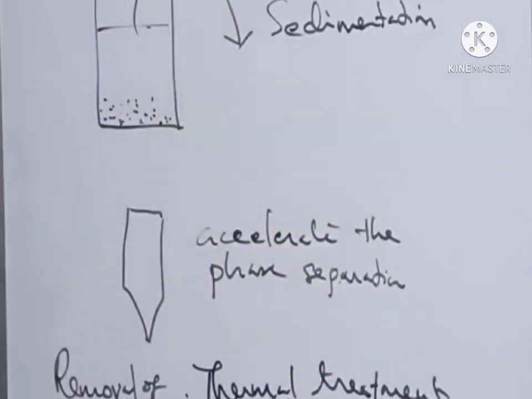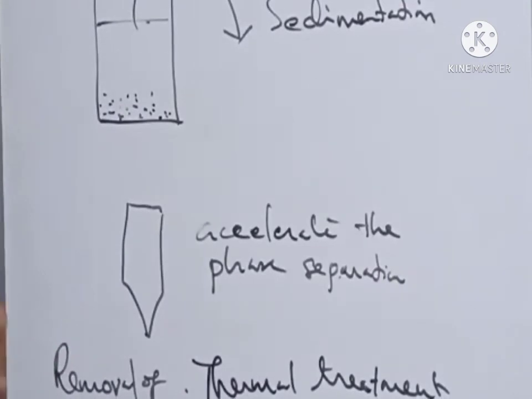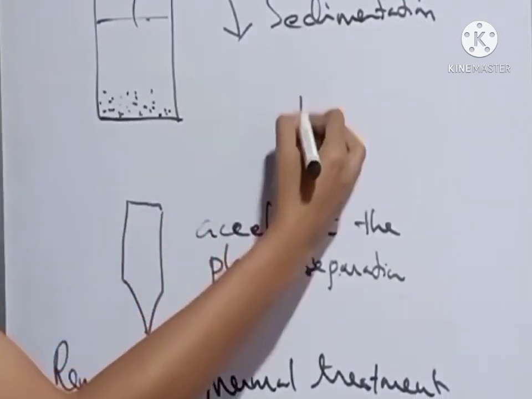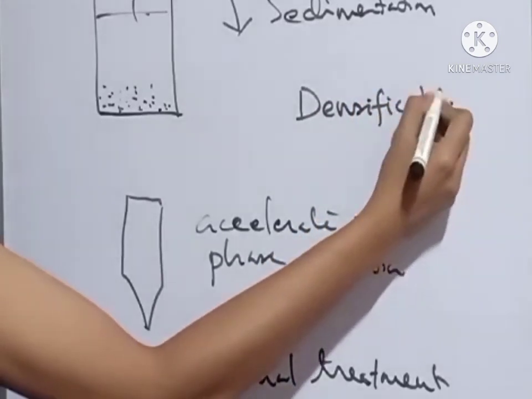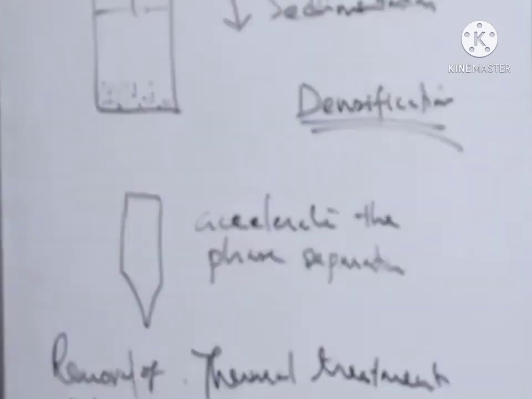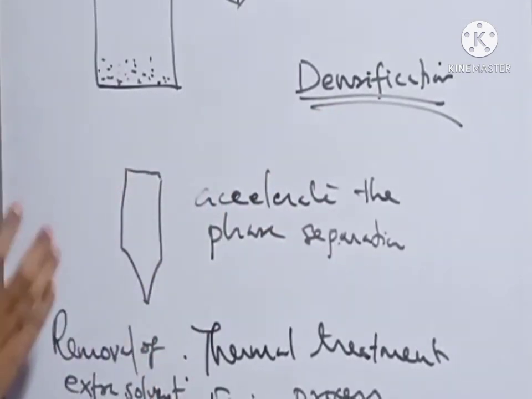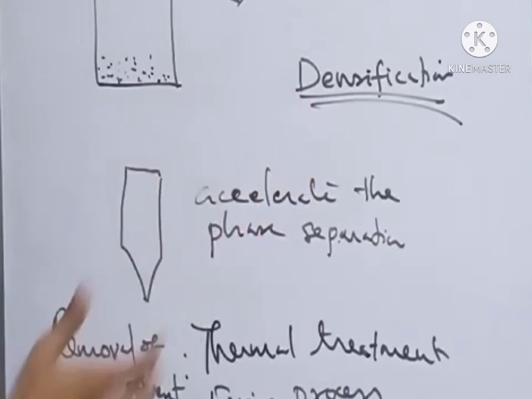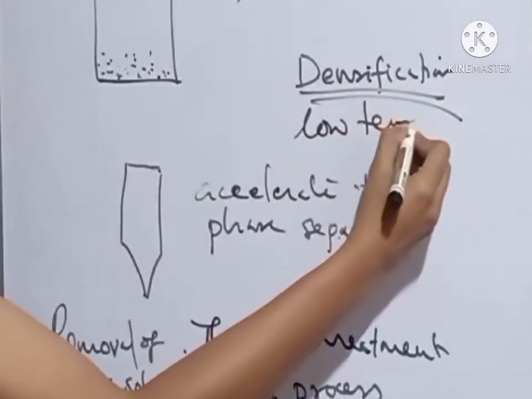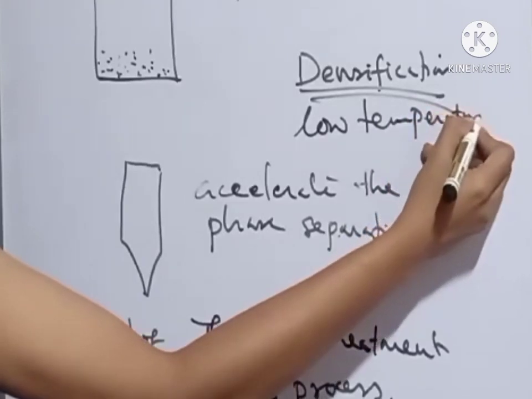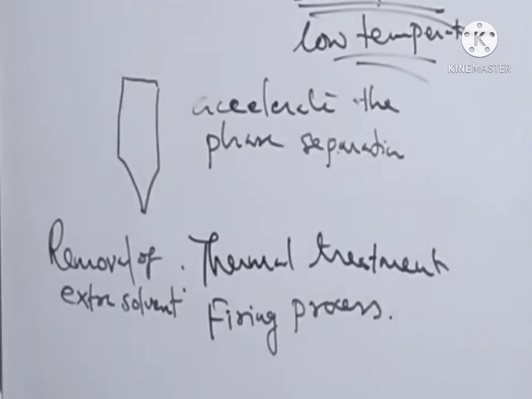From all this, it may be clear that during sol gel synthesis, densification occurs. The appropriate temperature for densification is low temperature. That is why sol gel synthesis is a low temperature technique.